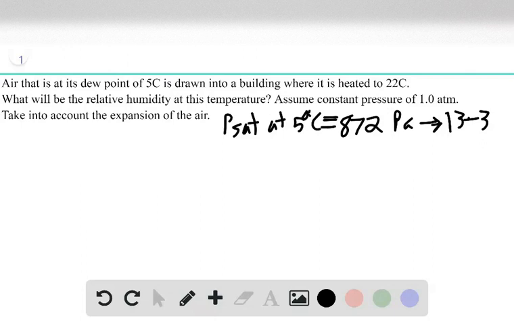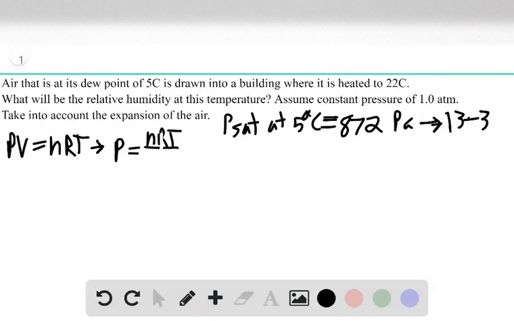Okay, so we start this problem with ideal gas because we need to find a relationship between the change in temperature and volume, because it says take into account the expansion of air. So PV equals nRT. So P equals nRT over V. So from here, we have the relationship.